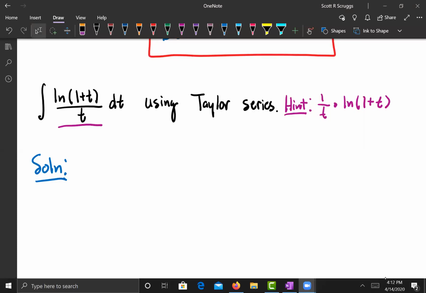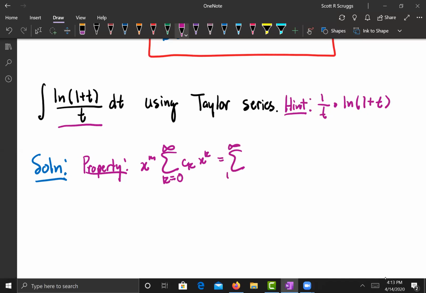First, the reason why I gave the hint of rewriting the integrand as 1 over t times natural log of 1 plus t is because the way that I'm thinking of solving this is I'm going to abuse this property of power series: if I have x raised to some exponent m multiplied by a power series, then I can essentially move that x^m inside and add the exponents.